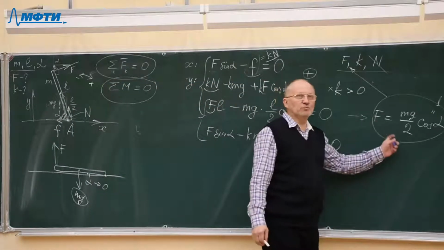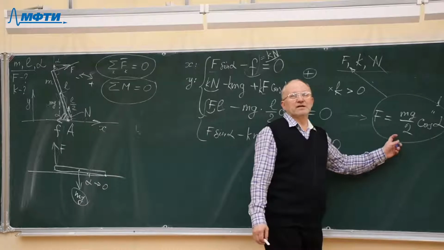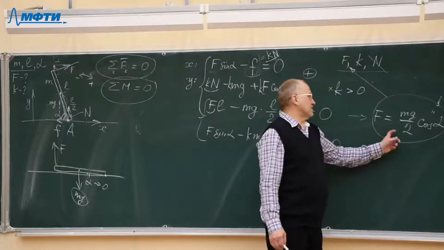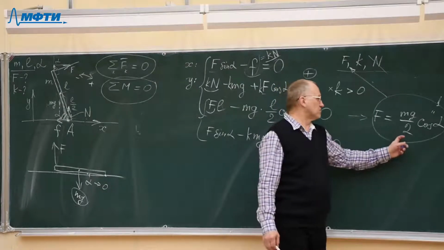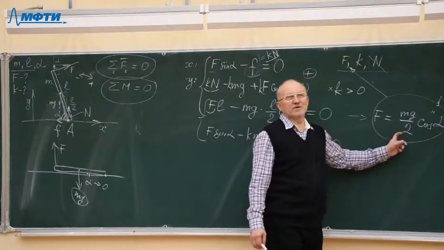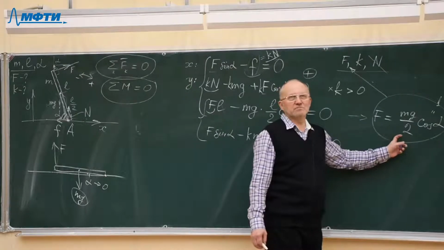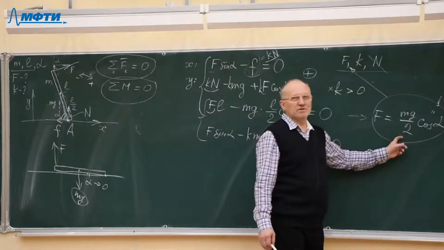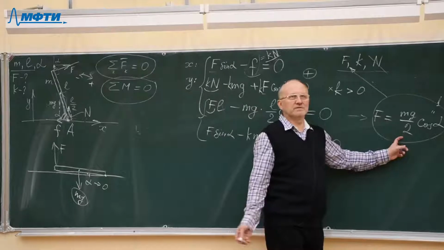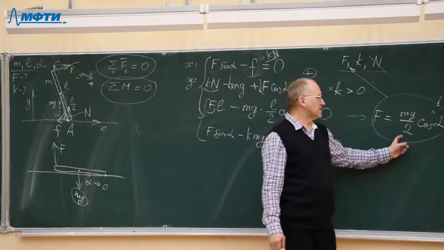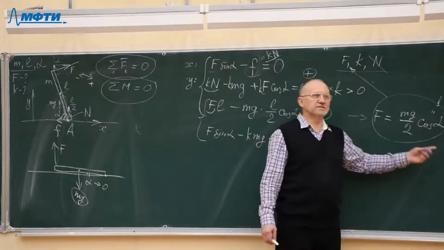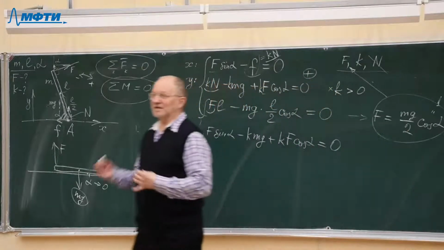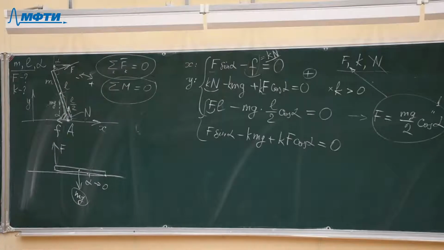So the formula satisfies this verification procedure. We test this formula for physical sense, whether the formula is reasonable or not, whether it gives you reasonable results in different situations. When something goes to 0, or some other variable goes to infinity or goes to 90 degrees, etc. You always analyze the formula for physical sense.